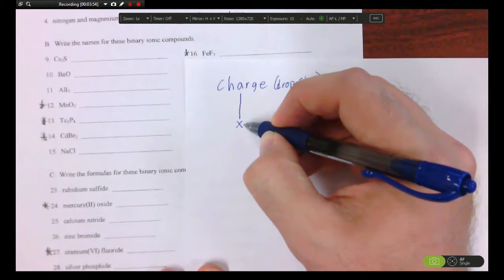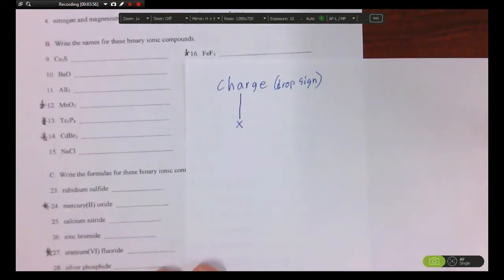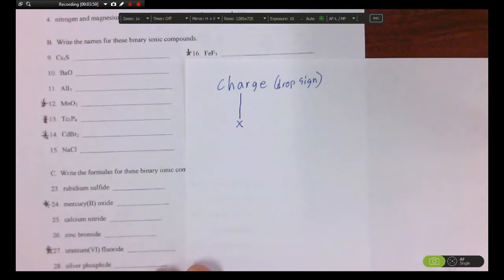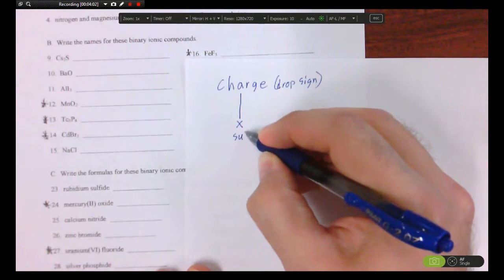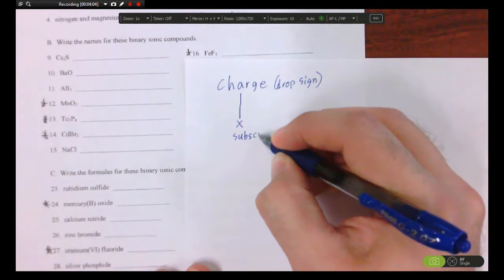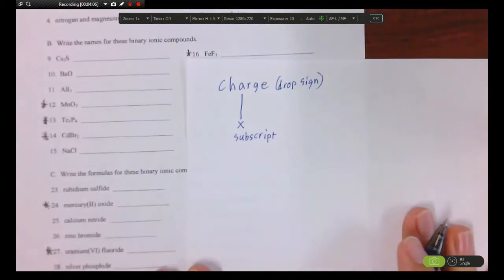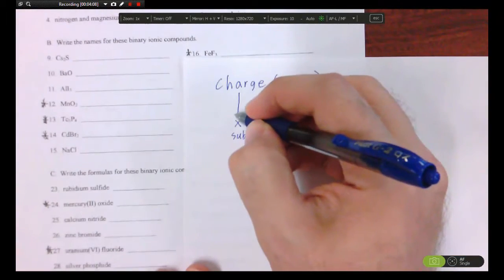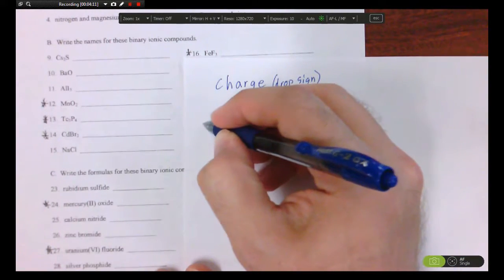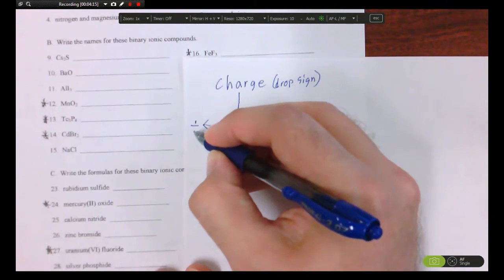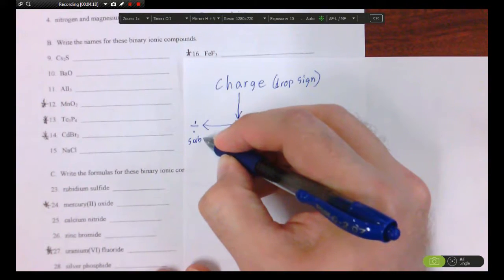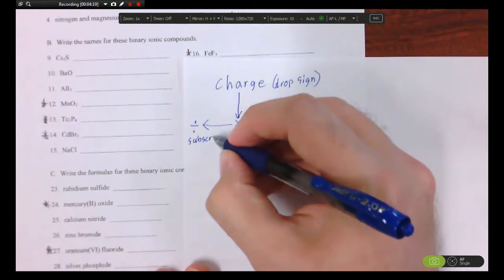This is not an X, that is a multiplying sign. Multiply it by its own subscript. With me so far? Then take it back to the left and divide by the other subscript, or the metal subscript.